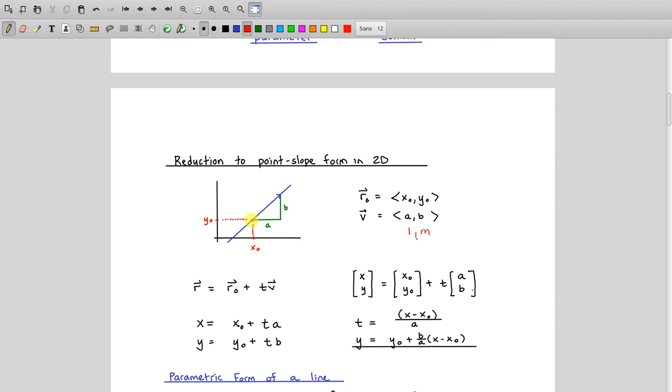So if we were going to write this in our new fancy parametric vector form of a line, we would say, well, here's our point, and here's our direction here.